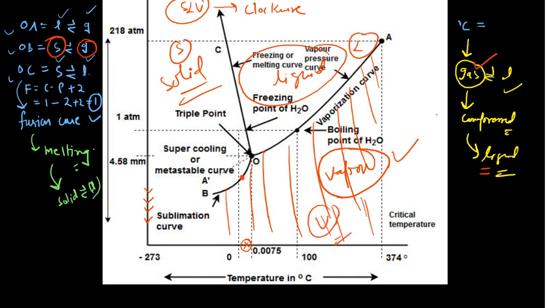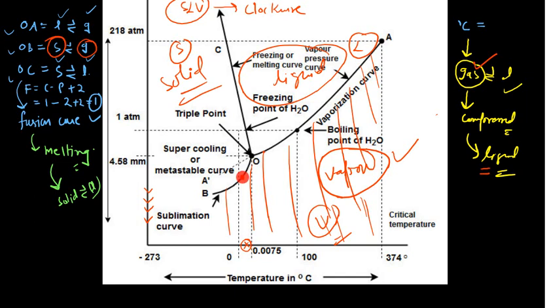Okay. So let me tell you one more thing, about how I can explain all the things. For this particular region, for this system OB, you have selected one point.